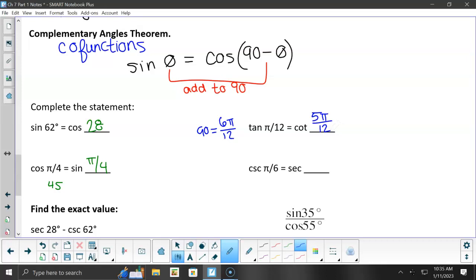Same thing down here with this one. Halfway would be 3 pi over 6. So that would make this 2 pi over 6, but let's be honest, the textbook's probably going to freak out. But that's not too bad.